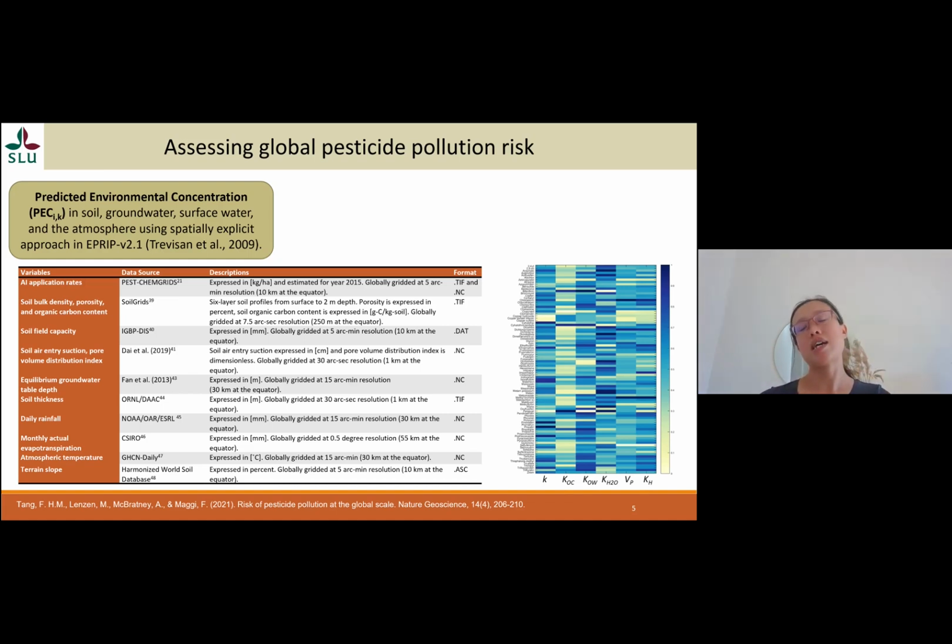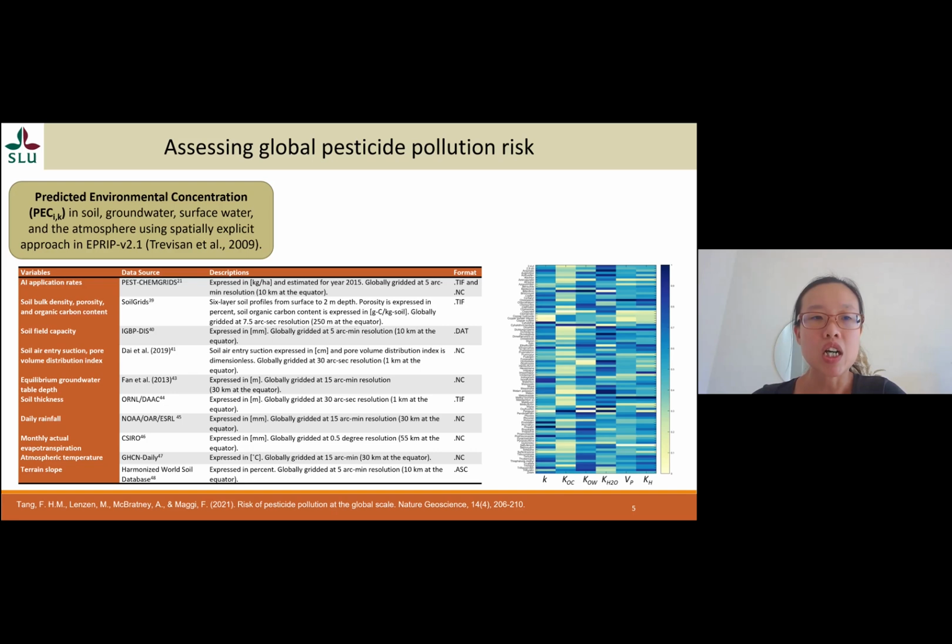This model has explicit accounting for the heterogeneity of soil properties, groundwater characteristics, and meteorological characteristics such as rainfall, evapotranspiration, and atmospheric temperature. It also accounts for the differences in physicochemical properties of different active ingredients.